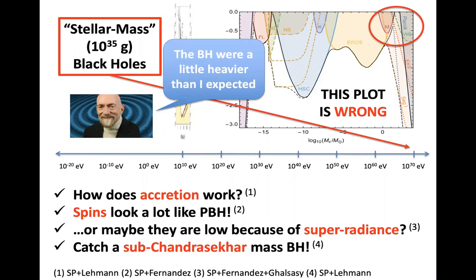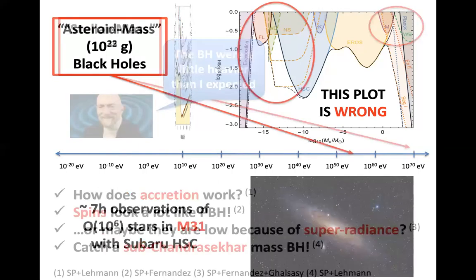And so these objects, if indeed seen with LIGO, would immediately be recognized as being of non-astrophysical origin, so presumably of primordial origin. So that's extraordinarily exciting, so stay tuned there.